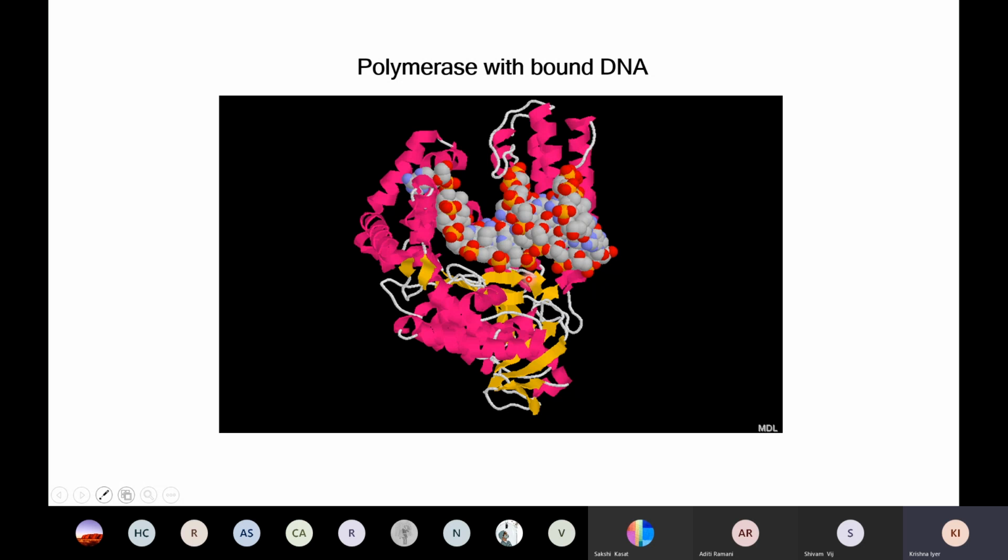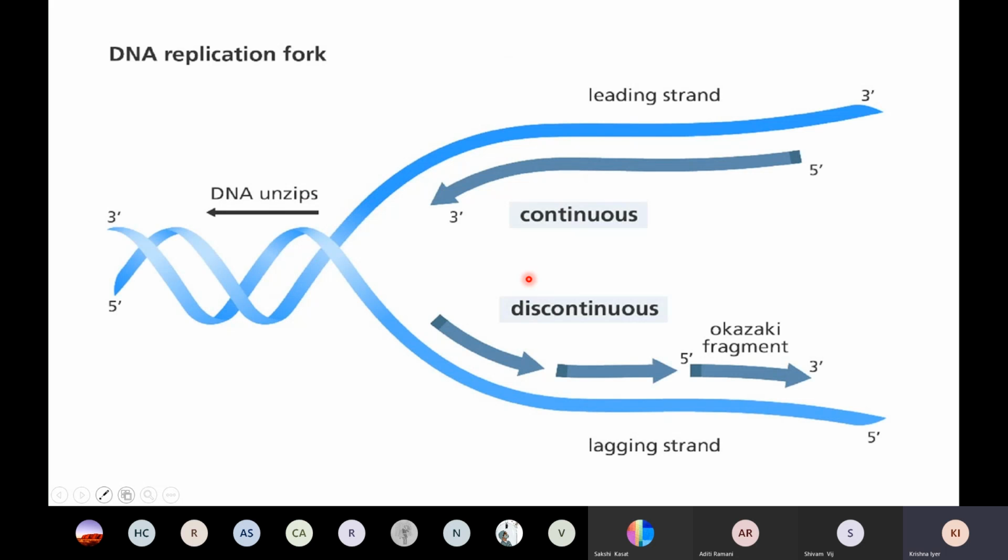Now coming to the question that was raised earlier. When synthesis is occurring in the 5' to 3' direction, if I look at any replication fork and put in this condition that I can add bases only in the 5' to 3' direction, I realize that this creates a very tricky situation.